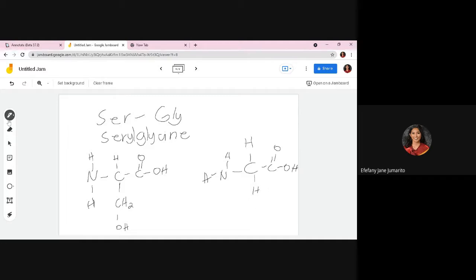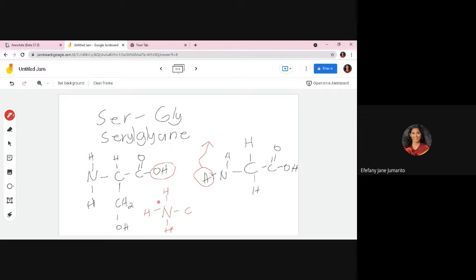Now if we form that into a peptide bond, what will happen? The OH and the H here will be lost. So that will form, again, N, C. Again, once it is a peptide bond, it should have NH.